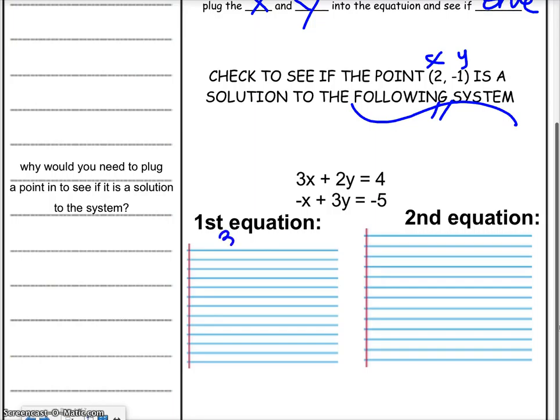First equation. 3x plus 2y is 4. That's just the equation they gave me. Now I'm going to put 2 in for x, -1 in for y. So 3 times 2 plus 2 times -1, does that equal 4?